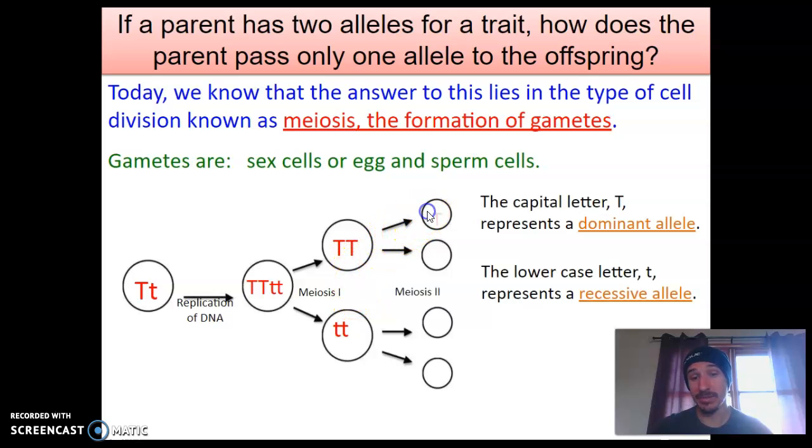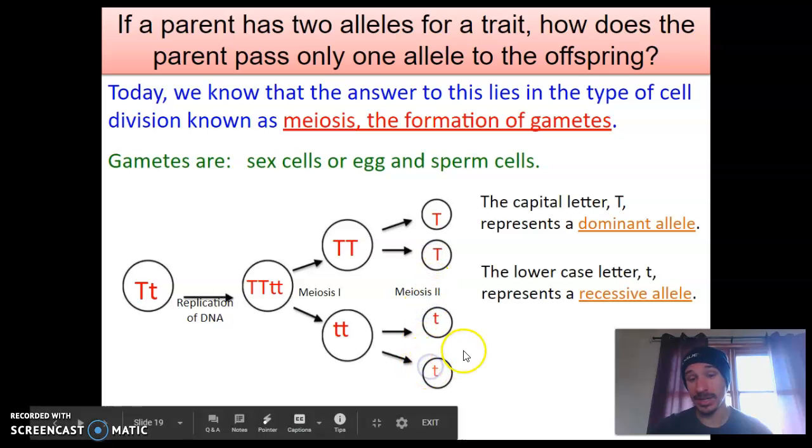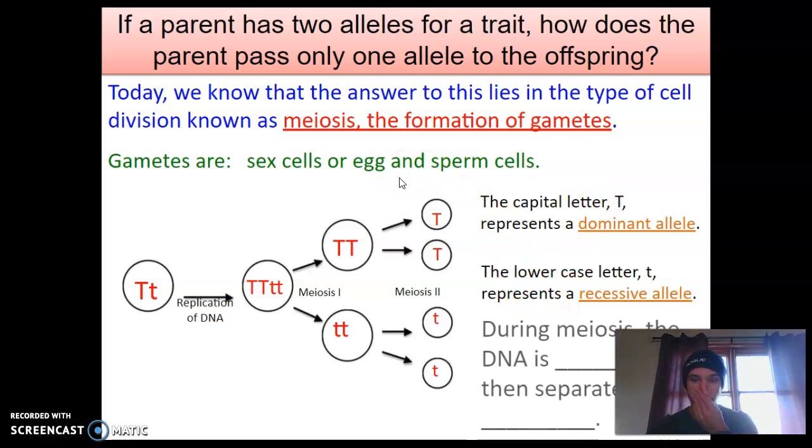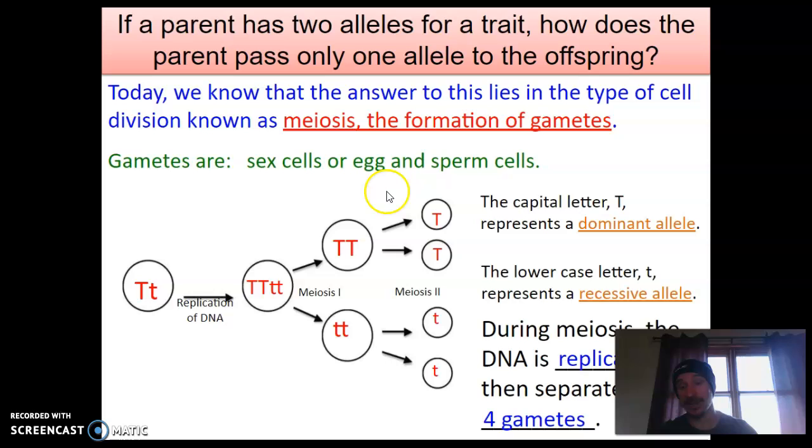And at the end, we have 4 either sperm or egg cells with only one allele present, and it could either be the dominant or the recessive allele. During meiosis, the DNA is replicated and then separated into 4 gametes. Remember, the process of meiosis is chromosome number and set reduction.